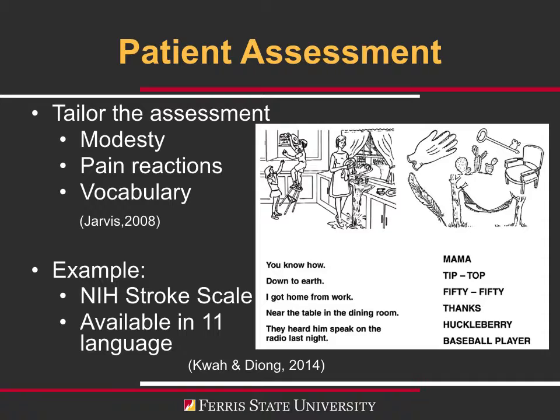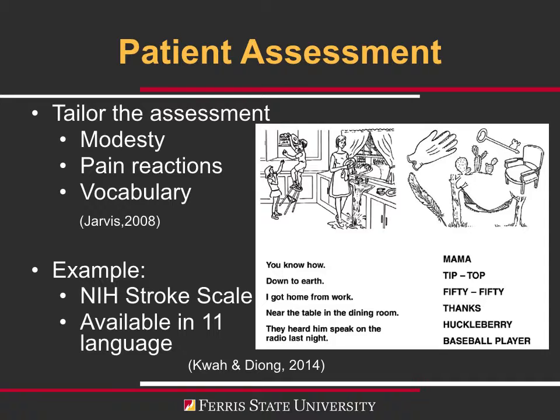The stroke scale is available in 11 different languages, but if someone can't read, how are they able to participate in it? Also, part of the stroke scale is asking them to repeat words or read sentences and describe what objects are and what's happening in the picture. So what if someone isn't able to describe maybe the cactus, or they've never seen a key that looked like that, so they aren't able to say that word?